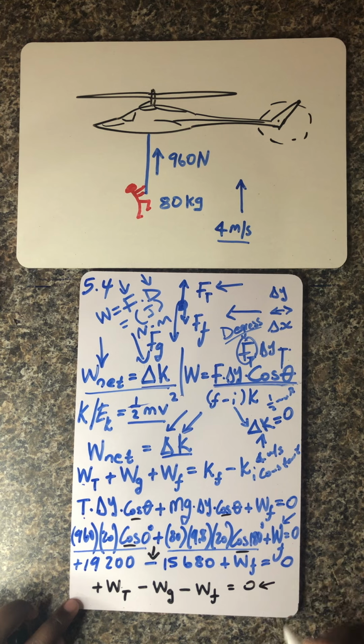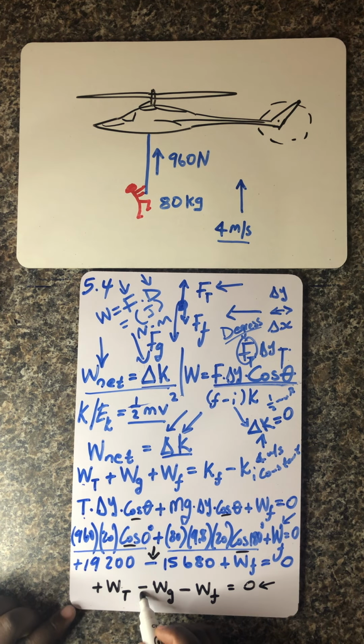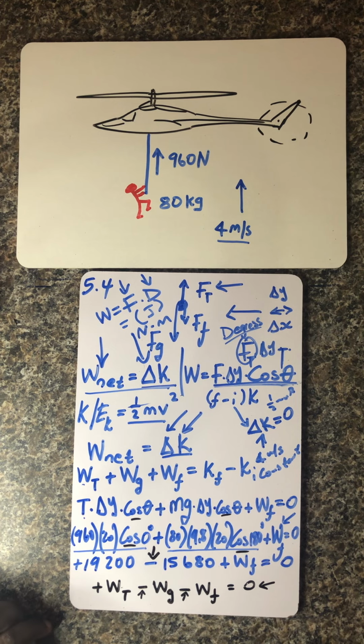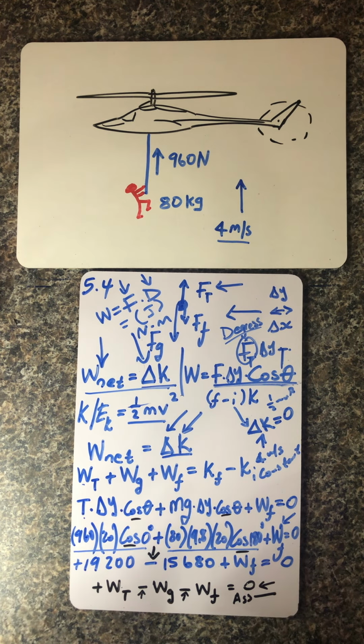Obviously, you've seen why this is equated to 0: because of constant speed. I've already indicated the signs over there, that this is going upwards, this is coming downwards, if I've assumed upwards to be positive and downwards to be negative, which makes it easy that way.